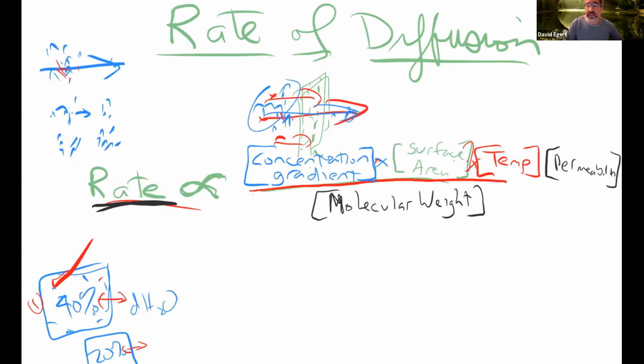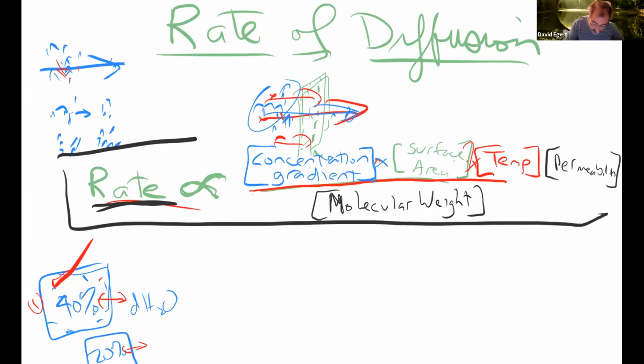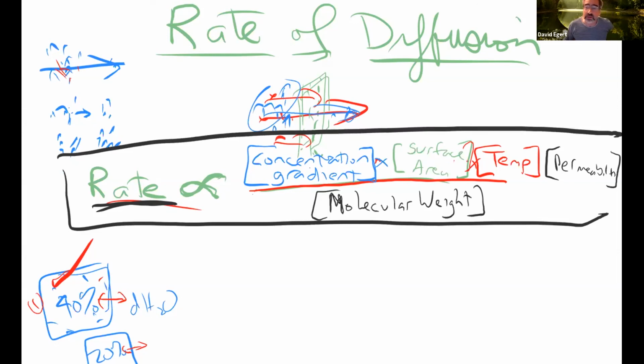You know, and this one is actually kind of intuitive if you think about momentum. I'll illustrate it in just a moment. But this relationship here, you should look at each of these parts and make sure each one feels intuitive to you. Higher concentration gradient, higher rate.